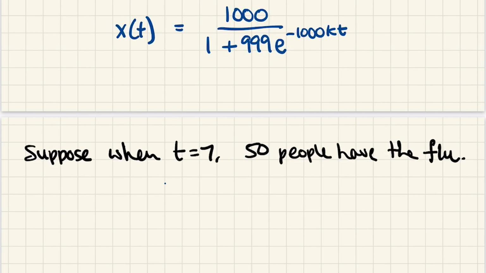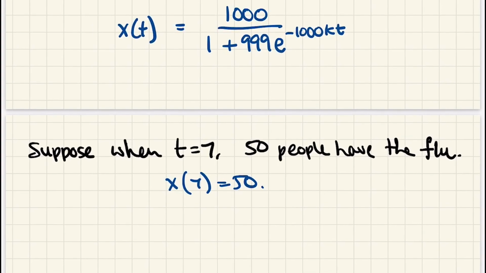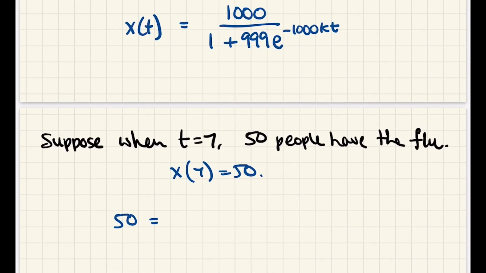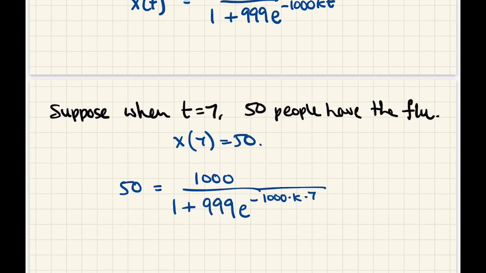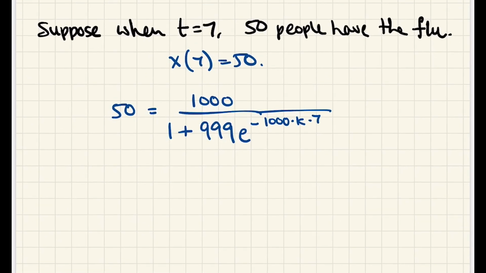So what this is saying is, of course, x of 7 is equal to 50. So we have 50 is equal to 1,000 divided by 1 plus 999 e to the negative 1,000 times k times 7. So we're just going to solve this for k.